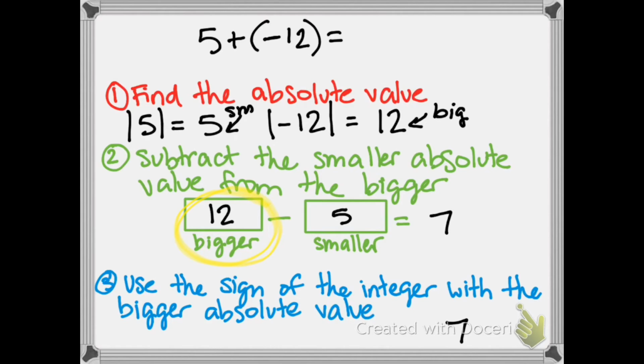In the original problem, negative 12 was what we were working with. So that tells me that my answer also needs to be negative. And we got it from the integer in the original problem that had the greater absolute value. So my answer is negative 7.